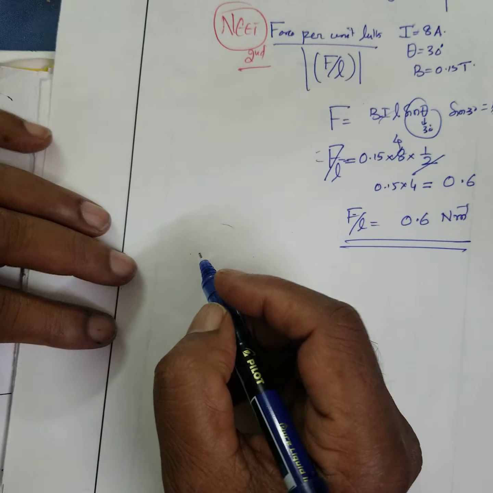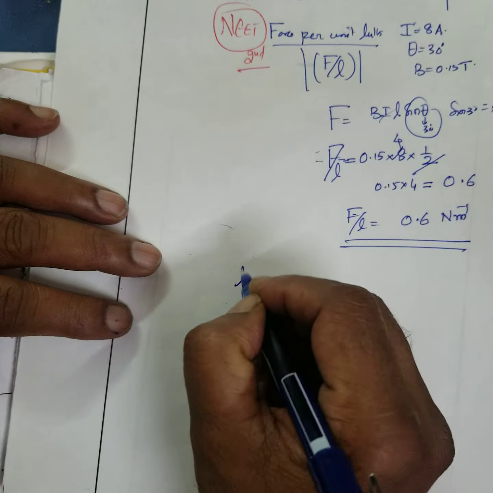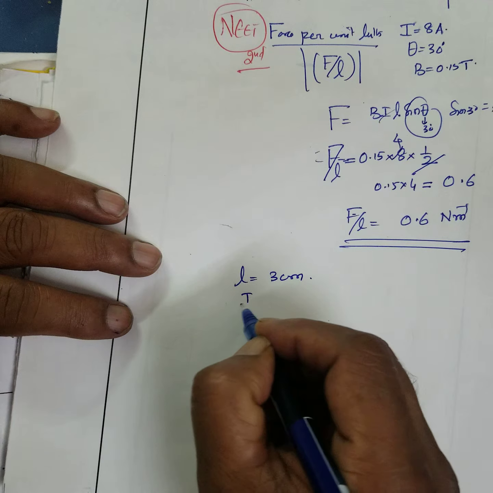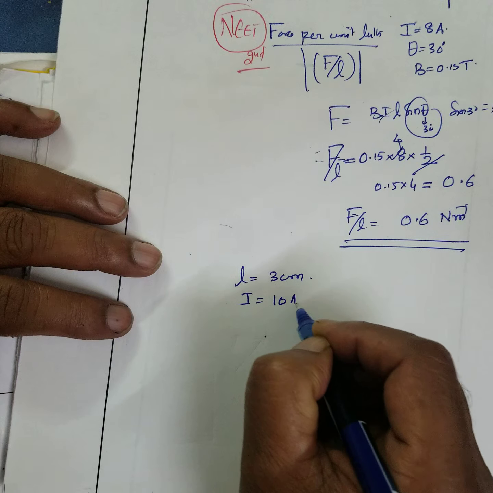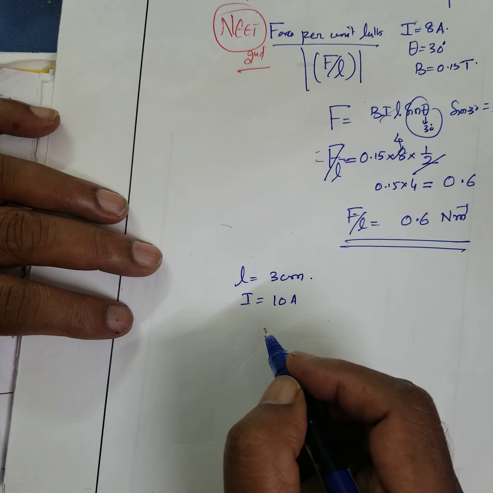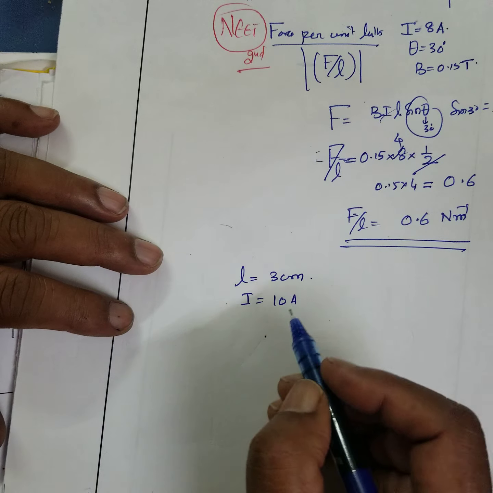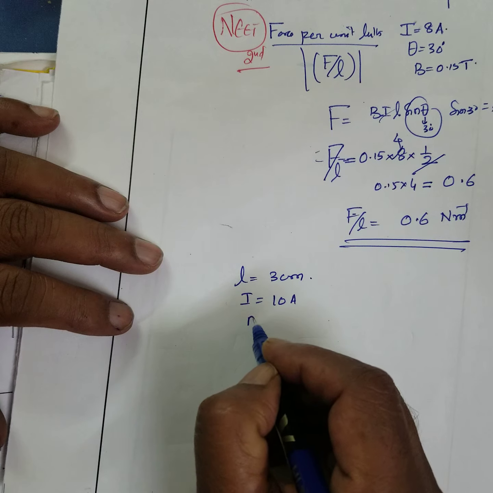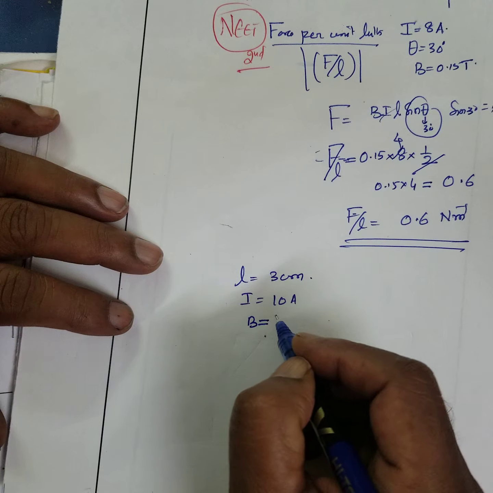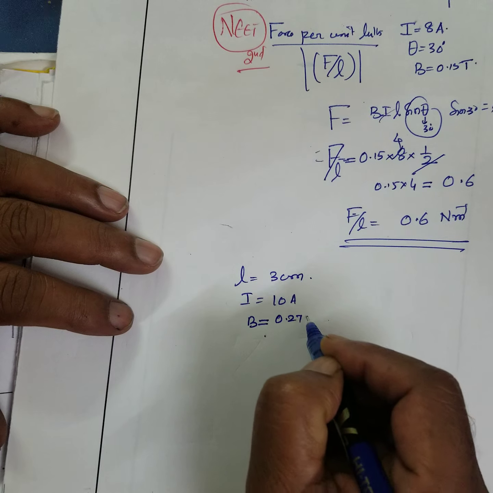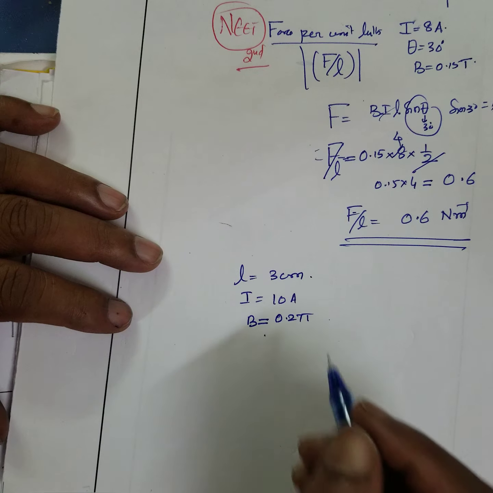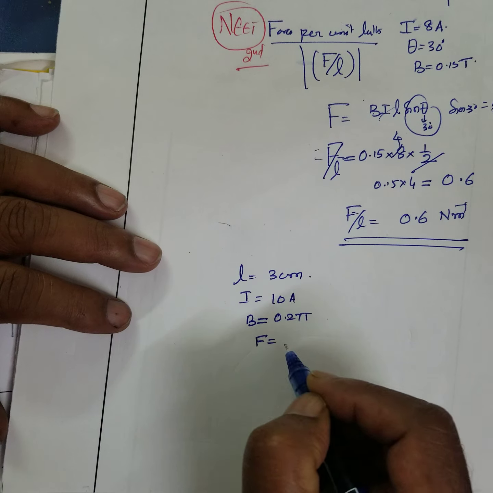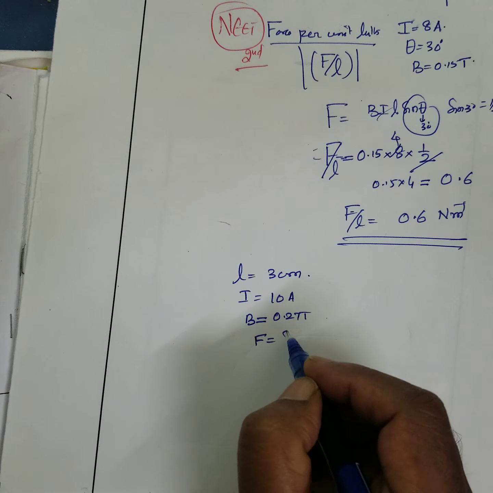Here, the length of the conductor is equal to 3 centimeter, carrying a current of 10 ampere, placed inside a magnetic field. The magnetic field is 0.02 Tesla. What is the magnitude of the force?